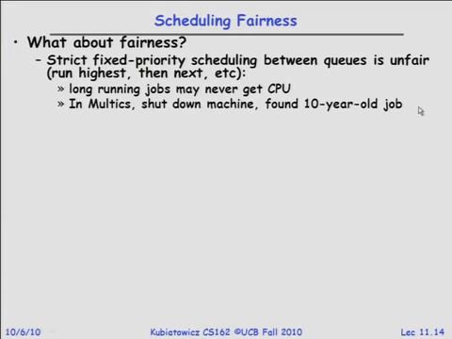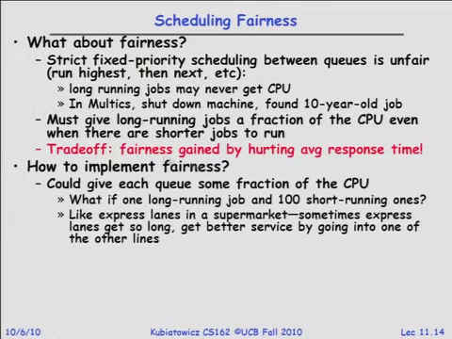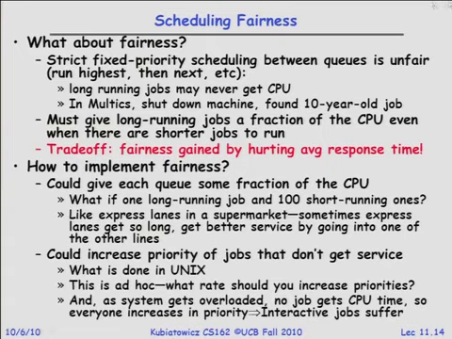You could say SRTF gives you average response time at the expense of fairness, and so we can decide how to tune those. How do we get full fairness? Well, give each queue some fraction of the CPU. And then finally, what happens in Unix oftentimes is they combine a multi-level scheduler with something that tries to increase the priority of jobs that don't get service.